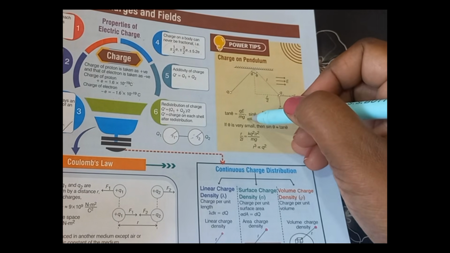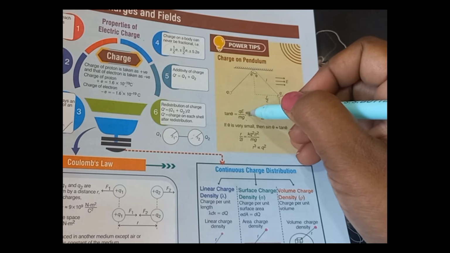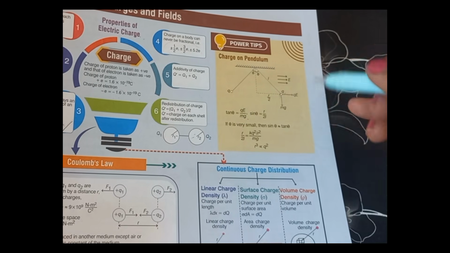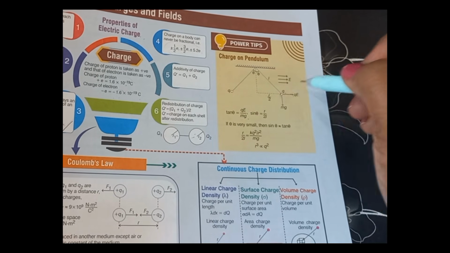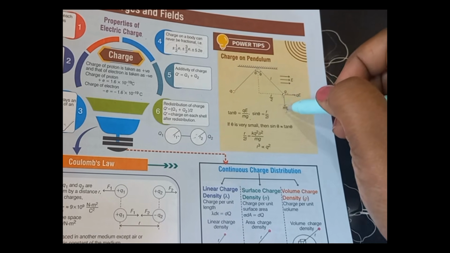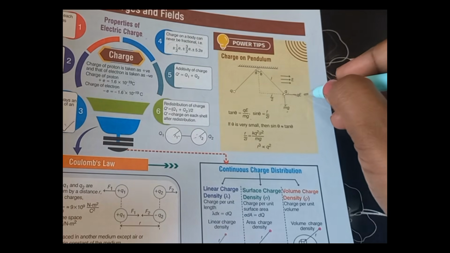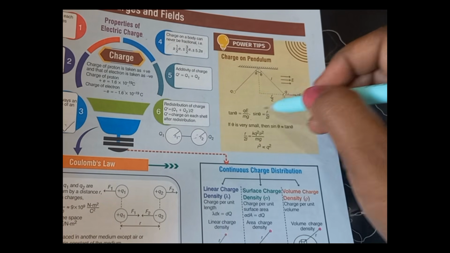How do we take this? By equating the acceleration due to gravity and the tension, the force. Here the force and here the weight. The tension on the string is equal to the force on the charge, that is Q into E.